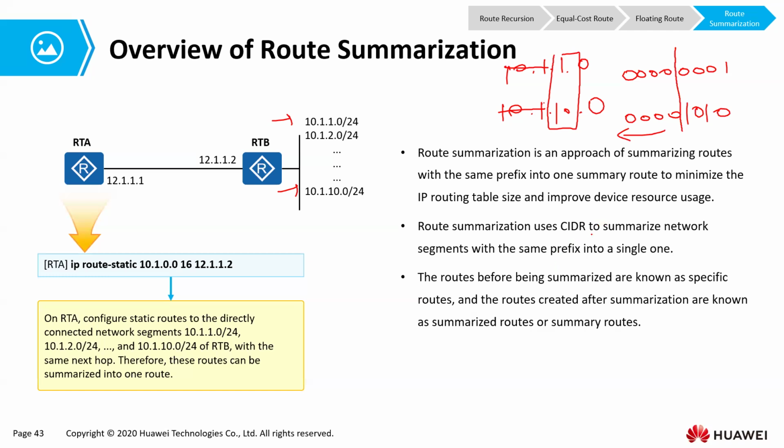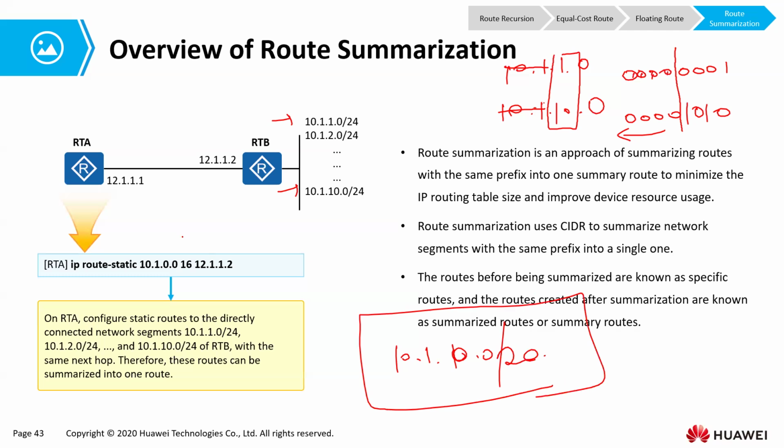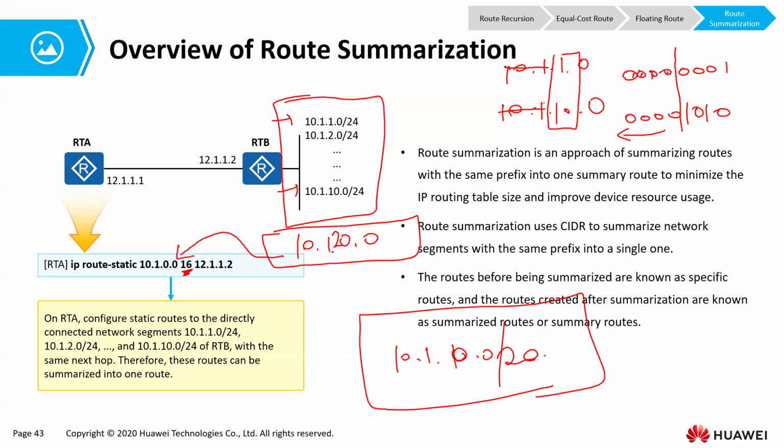So the accurate summarization would be 10.1.0.0/, this is 8, 16, 17, 18, 19, 20, so /20. That one is accurate. If you look at this other one, it has /16. This /16 is very broad; it covers other areas which are not covered here. For example, 10.1.20.0 enters the /16, but it's not part of these ones.